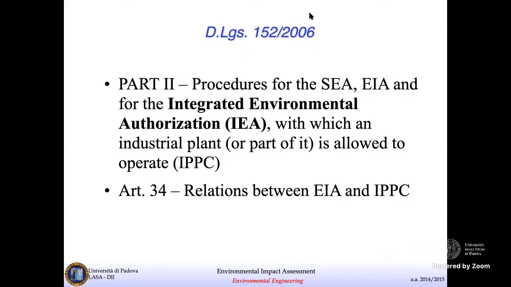So if one plant or one facility is authorized under one of the procedures, like for example environmental impact assessment, then all the prescriptions accepted in one authorization are considered automatically implemented also in the other procedure.